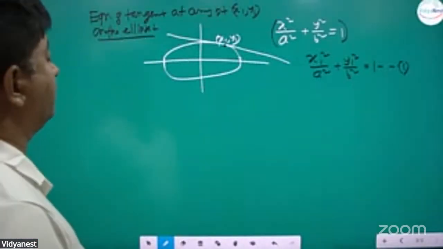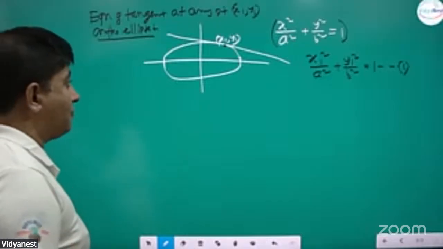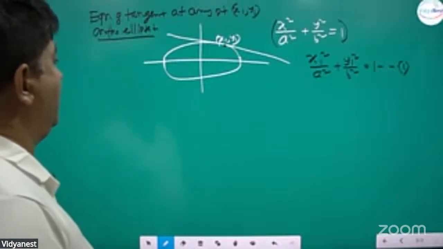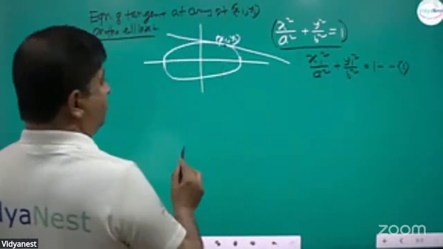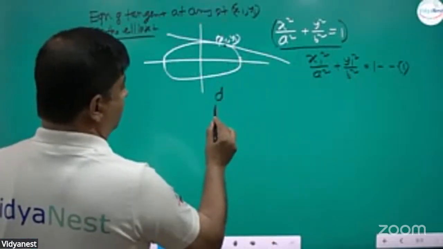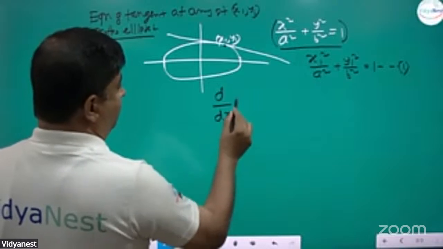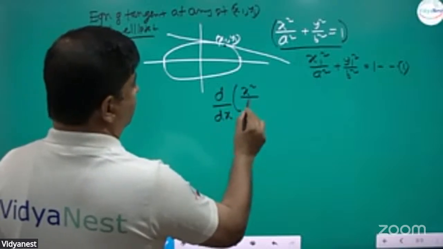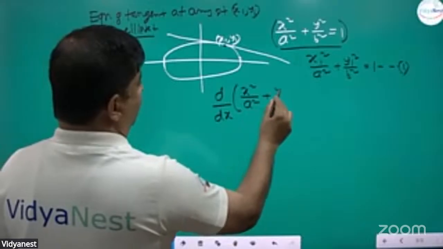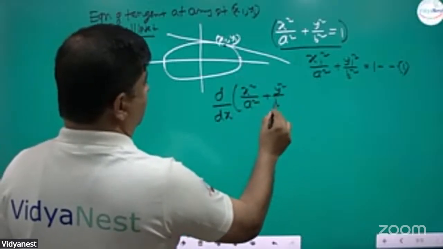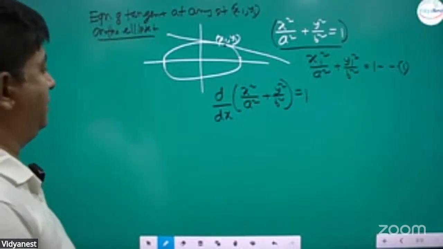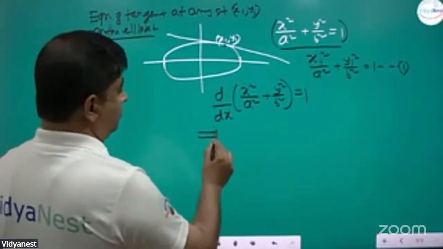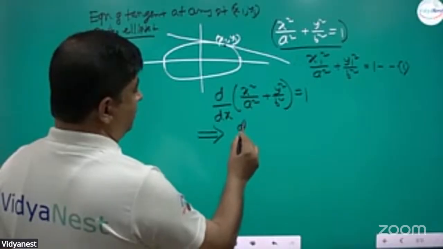Now, see, you differentiate this. Basic level differentiation is required to find the slope of the tangent.